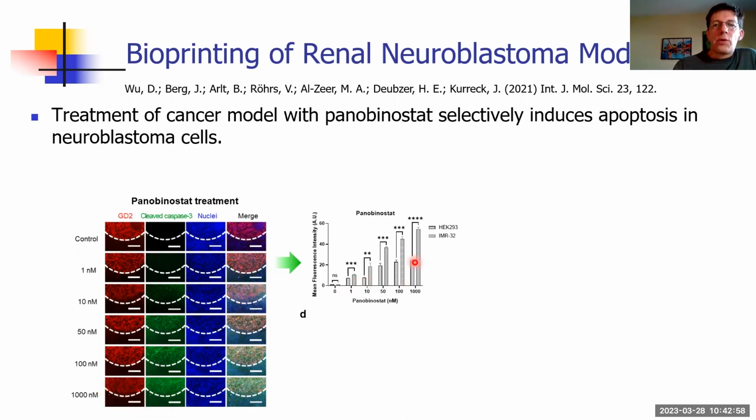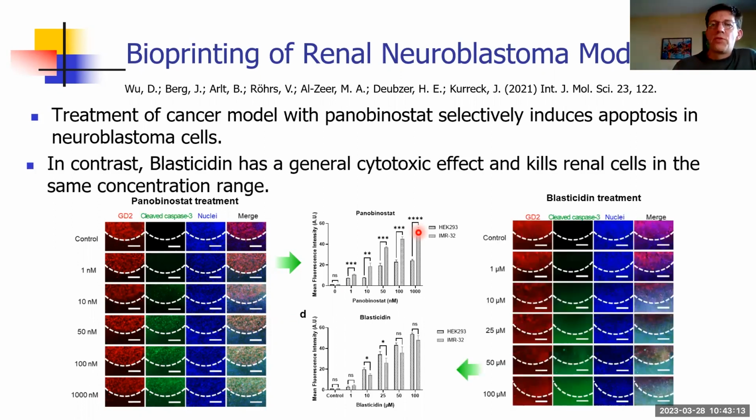So here is a quantitative evaluation, and we have a substantially and significantly higher intensity of apoptosis for the cancer cells as compared to the healthy cells. This is completely different with a different drug. We also used blasticidin. Blasticidin has a general cytotoxic effect.